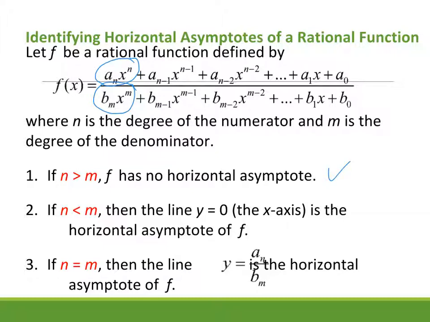If n is less than m, then y equals 0, the x-axis, is the horizontal asymptote of the function. If n equals m, then the line y equals a_n over b_m, the coefficients of the highest degree terms of the polynomials, is the horizontal asymptote of the function.